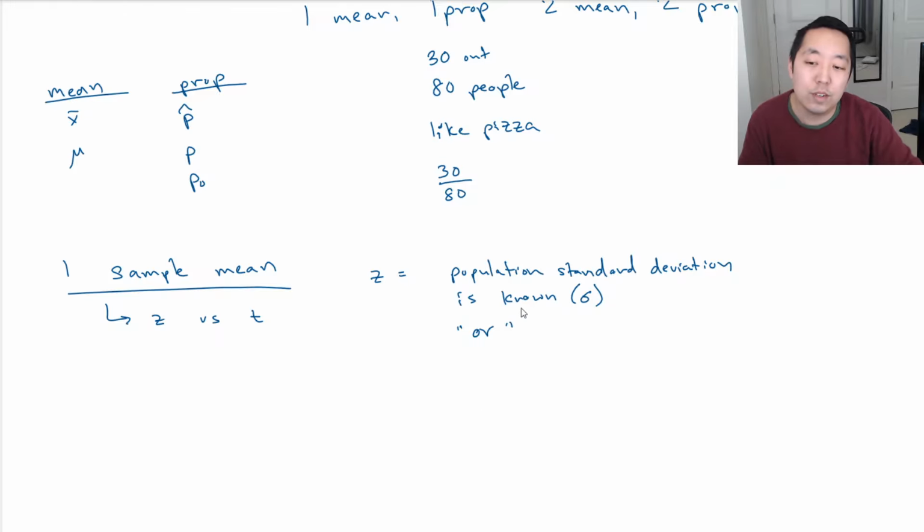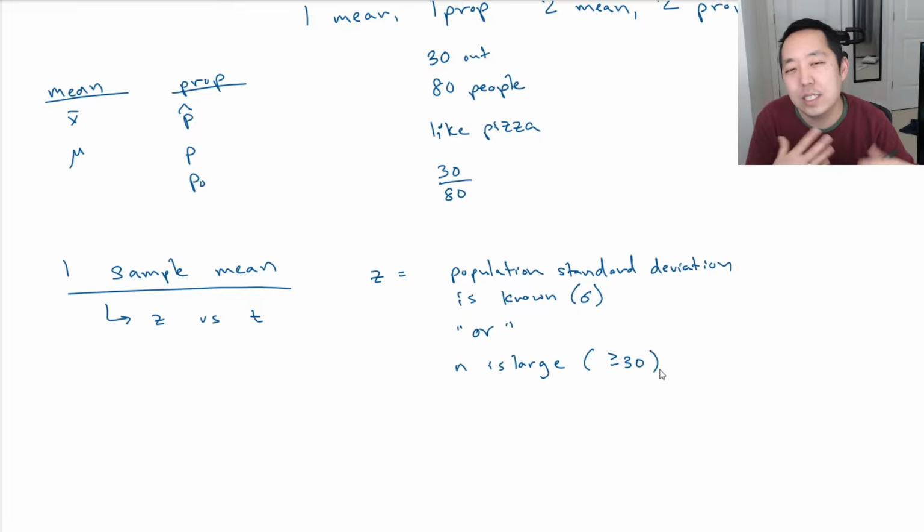There are various rules of thumb, but as long as n is large, say like in the old days it was about 30, but sometimes 50 or 100, when n is large enough, that is sufficient to say I can use the normal distribution because the sampling distribution will look about normal anyway. Okay? So that's that case.